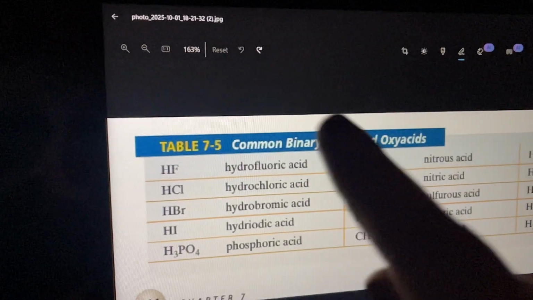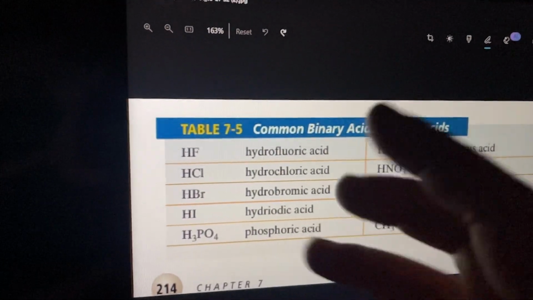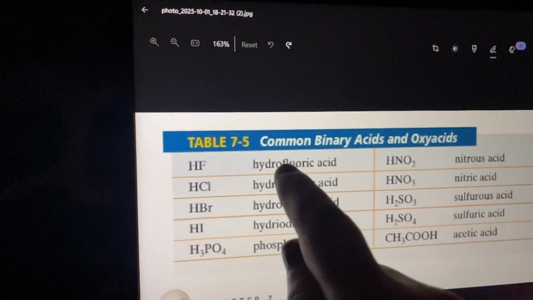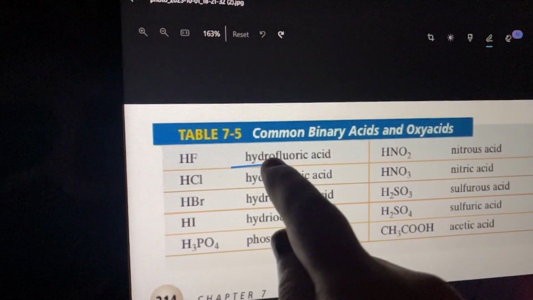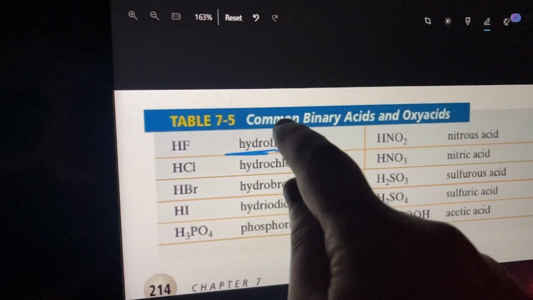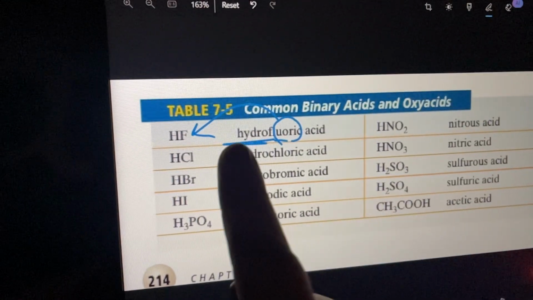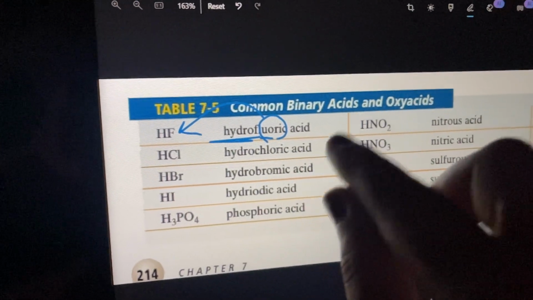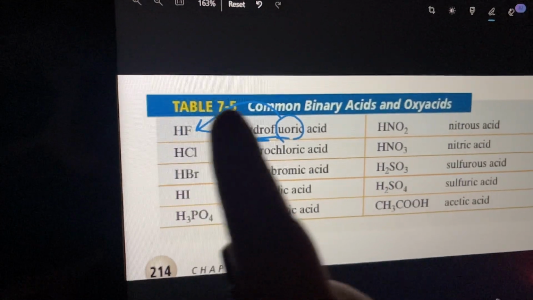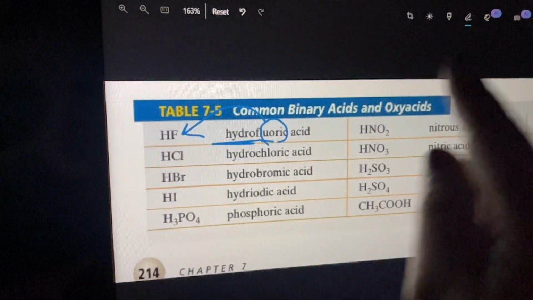So how will we write down the name for the binary acid? We have a rule. We have the prefix hydro, the name of the element in group 17, and acid. So hydro, name of element, acid. Hydrofluoric acid. But be careful, please.